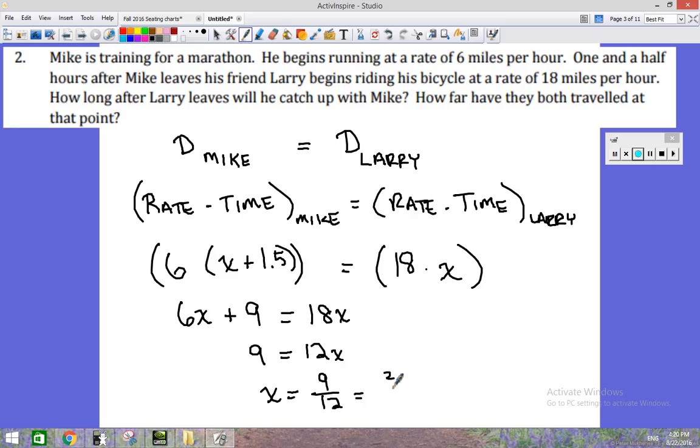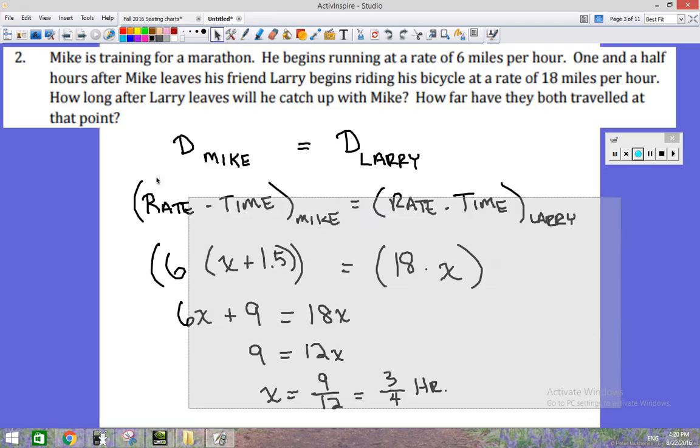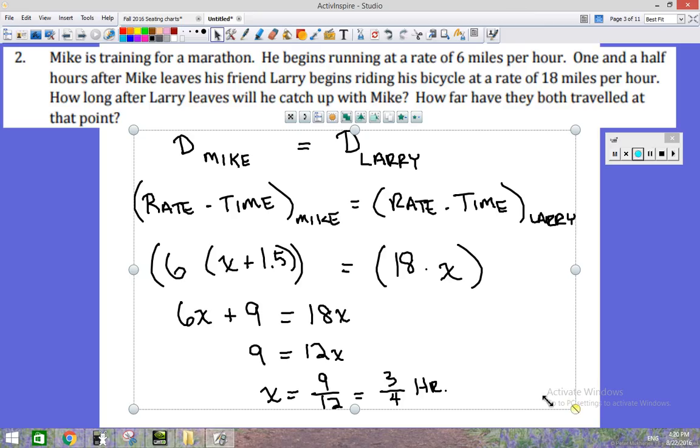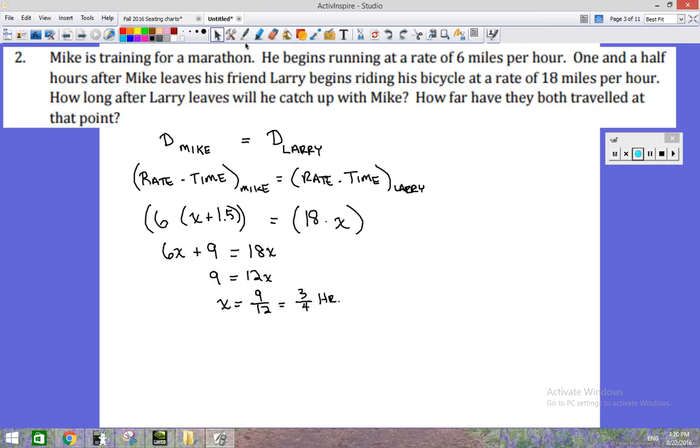That reduces to 3/4 of an hour, or 45 minutes, right? 3/4 of an hour. I don't know whether somebody would convert it to minutes or not, but a lot of times if it's less than an hour, they will convert it to minutes.